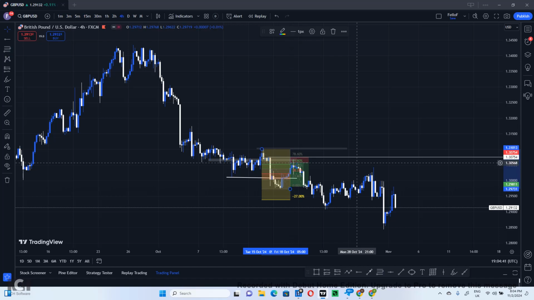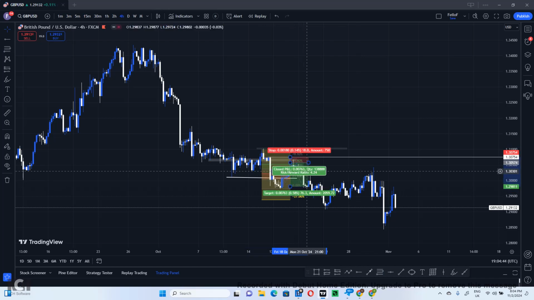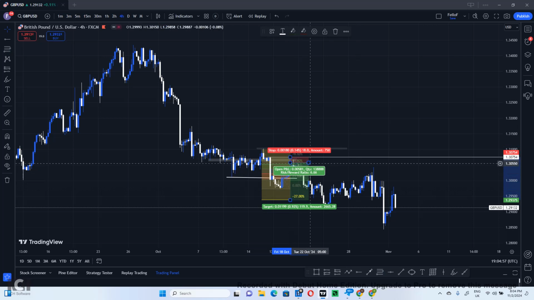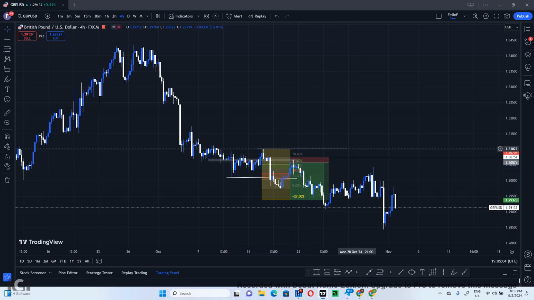That's what I usually do when trading with my Fibonacci. So I'll just draw it down to the 27 extension. Okay, that's a clean 1:6. Was TP smashed? Yes, we had our TP smashed.